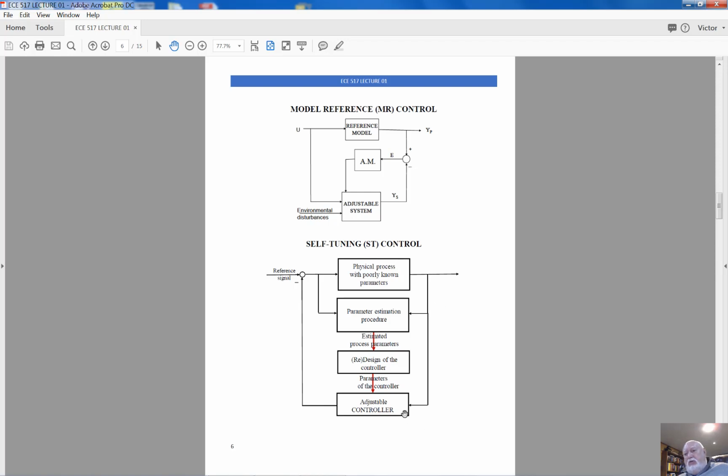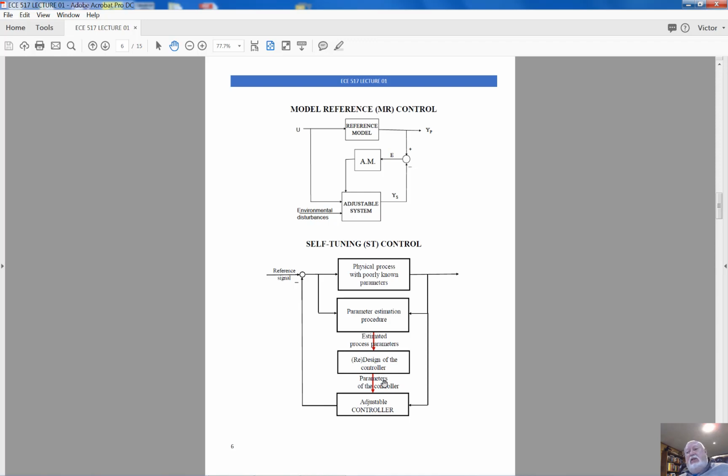I also want you to see that the input of the physical process and the response of the physical process are being monitored. And on the basis of this data, we perform parameters estimation of this physical process. What do we do with these parameters? These parameters are used to design the controller or redesign the controller.